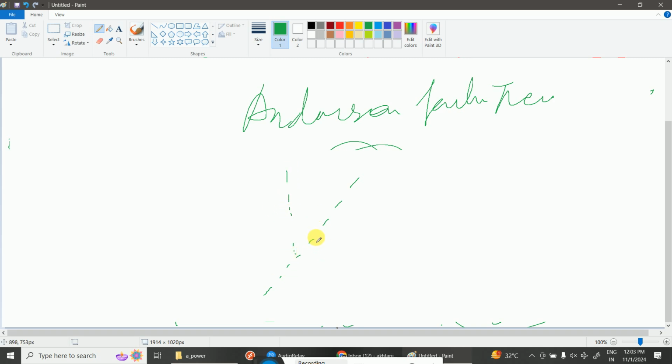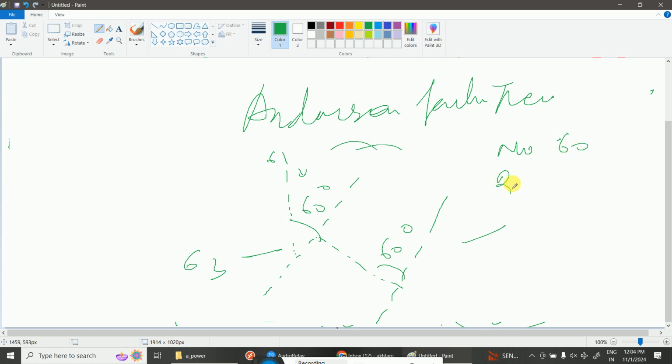This is 1 and this is 2. 60 degree, sigma 1, sigma 3. Okay, and this is for Anderson. So normal fault is 60 degree and the reverse fault is 30 degree and strike slip fault is 90 degree. So this is the general theory of Anderson.